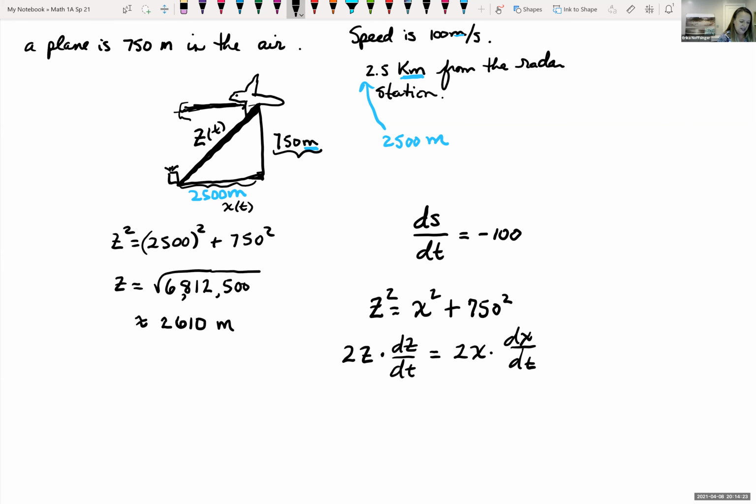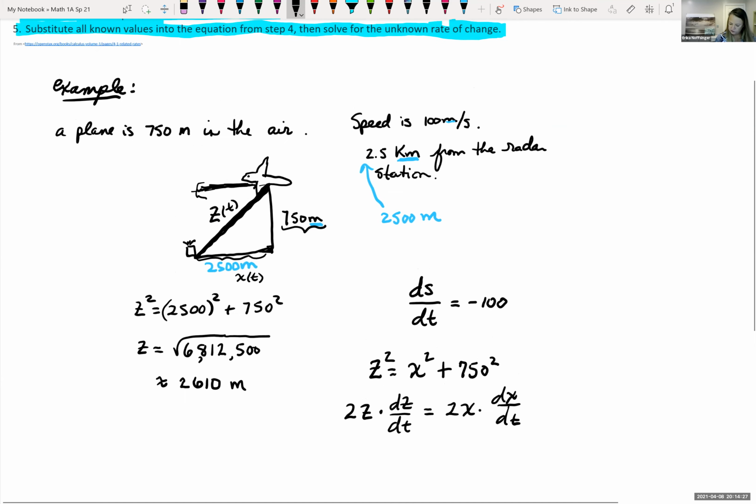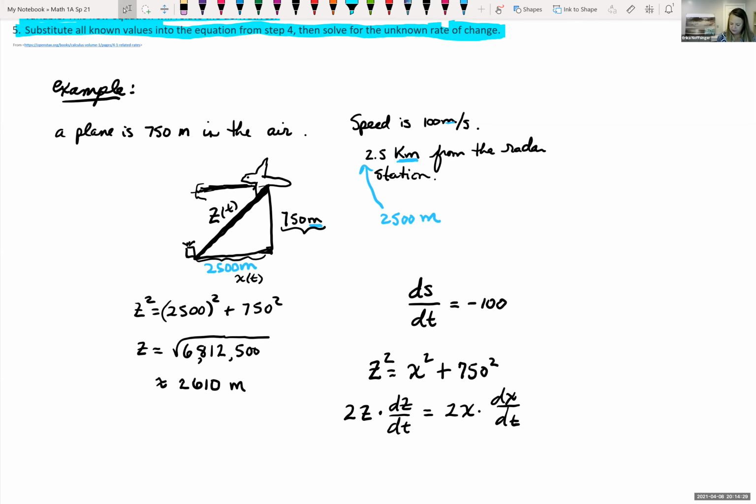We're trying to find what is the rate. Let me just go back to what we're trying to find. We're trying to find at what rate is the distance between the plane and the radar station changing. So we're looking at this rate of change.